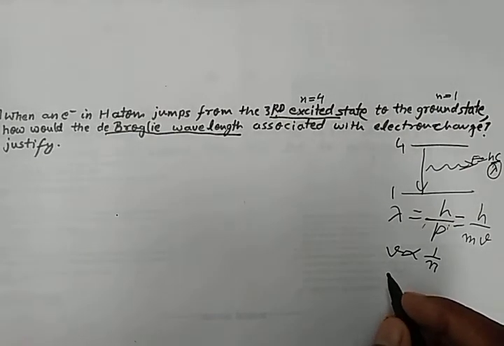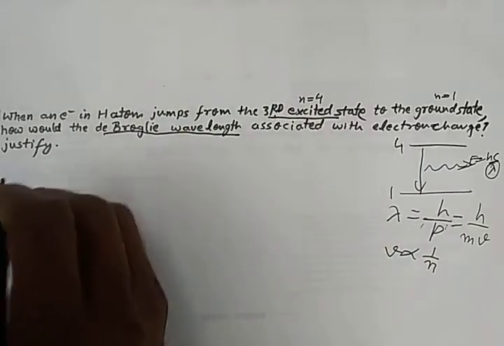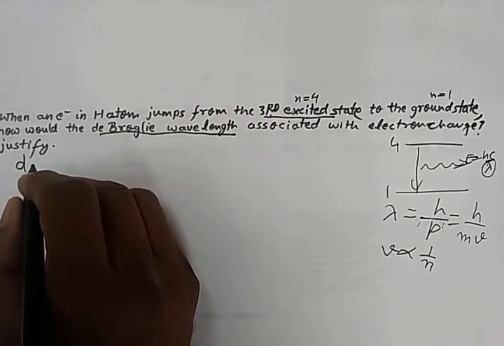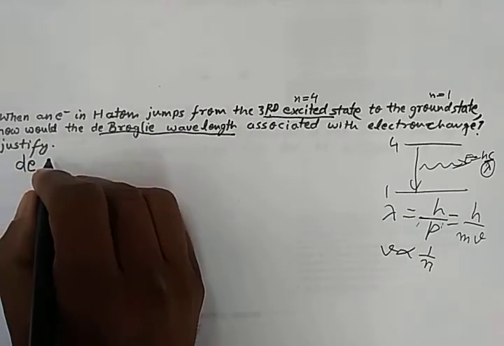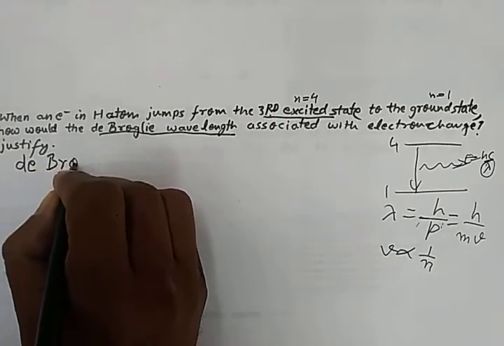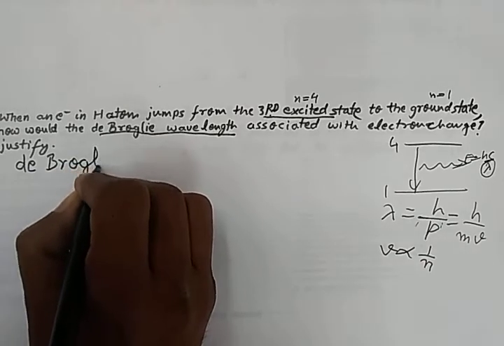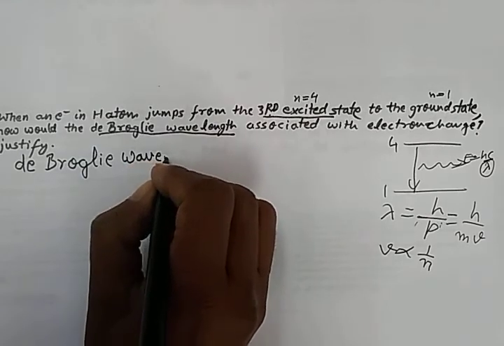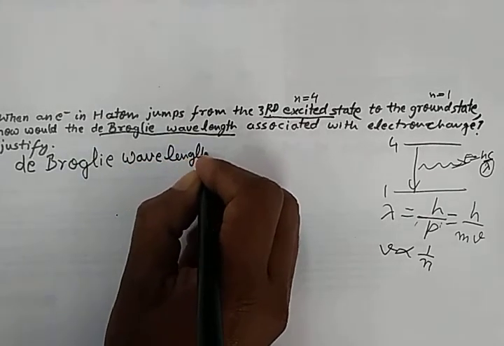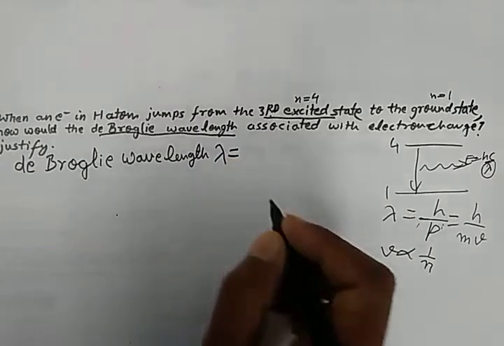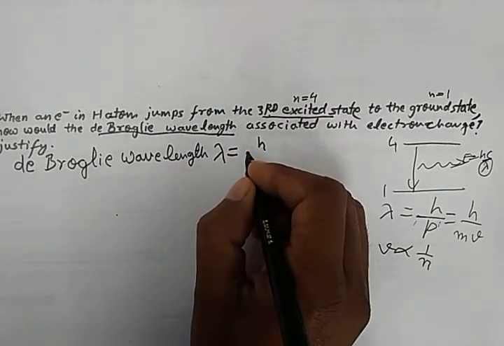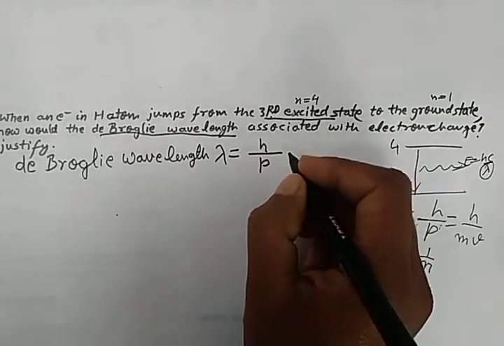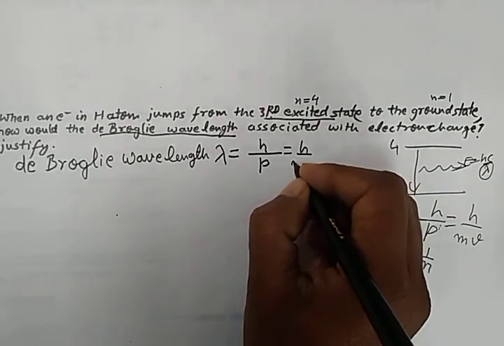De Broglie wavelength, lambda equal to h by p, that is equal to h by mv.